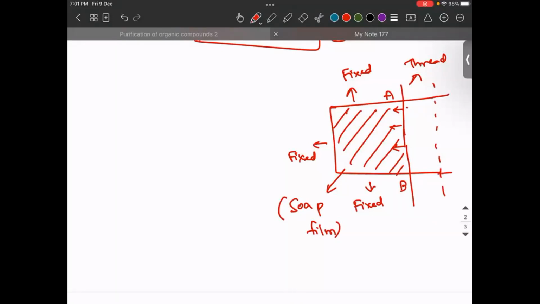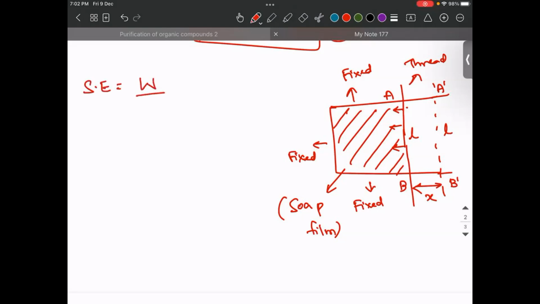If I want to move the thread from AB to A dash B dash, let's say I want to displace it through a distance of X, and the length is going to be L. Are you able to understand what I'm saying? Then, what is surface energy?